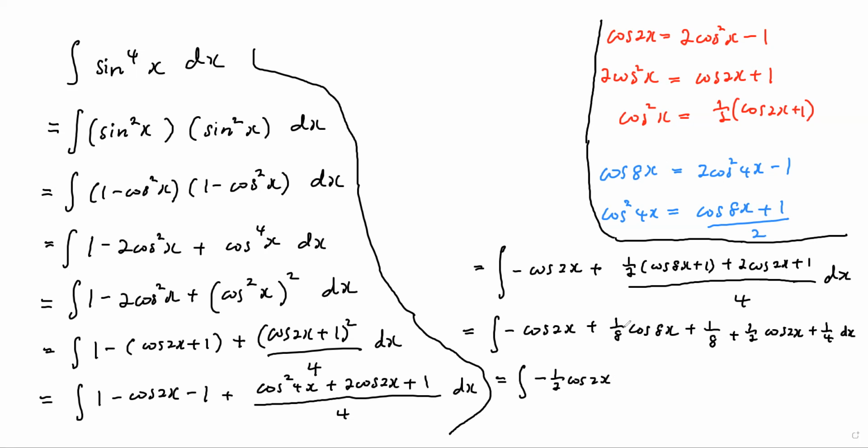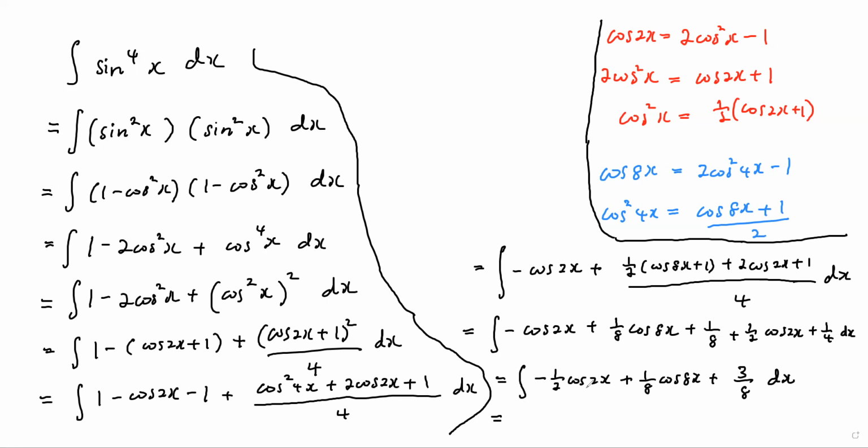Then we have 1 over 8 cosine 8x, so there's nothing to combine here. And we have a constant 1 over 8 plus 1/4, which would be 3 over 8. Now we can start our integration.